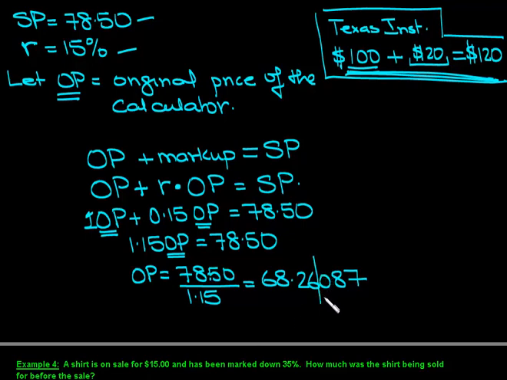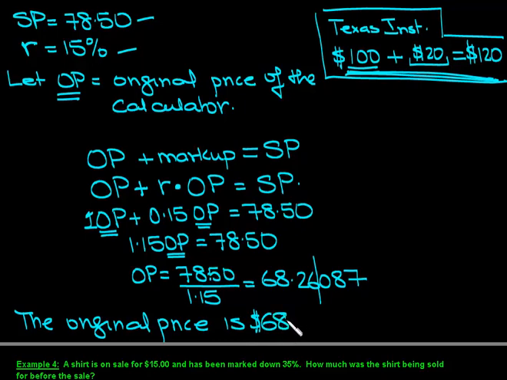This number is less than 5, so we don't need to round up. So the answer is the original price is $68.26. So that's how much the bookstore paid for the calculator, and they marked it up by 15% of that to sell it to the students for $78.50.